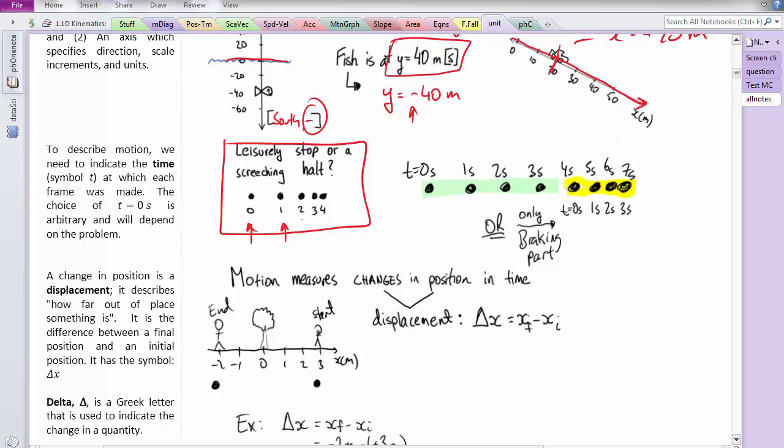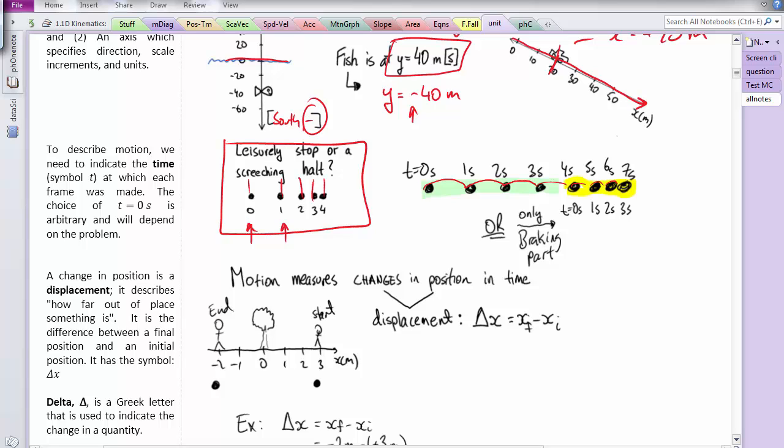So we need to know the time interval between each of these snapshots. Otherwise, we don't know if it's fast or slow. Here we have a motion from 0 to 4 seconds where we're moving at equal speed because the distance is the same. And then over here, the distance is decreasing, so the speed is decreasing, so maybe the car is braking.